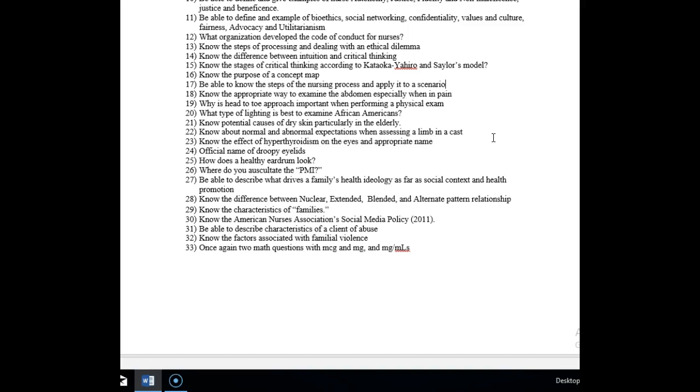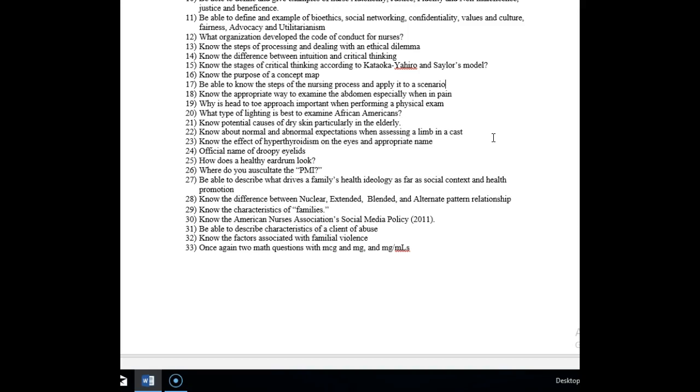The reason is that when you're dealing with the abdomen, you don't want to stir anything up. You don't want to stir up bowel sounds. So basically, you know that you're going to inspect first, then auscultate, then palpate and percuss.